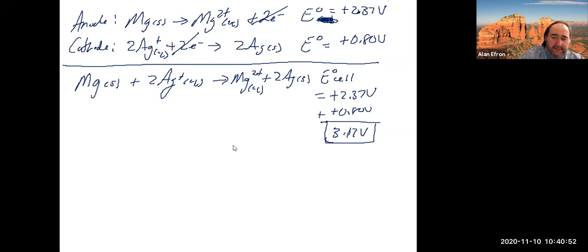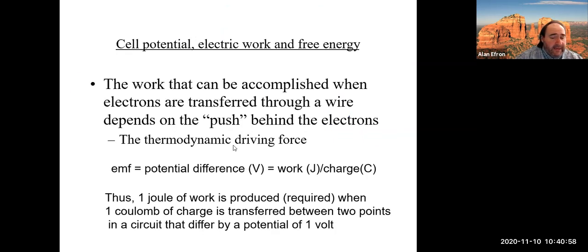Okay, so then let's talk a little bit about the cell potential and some of our thermodynamic type properties like work and free energy, which is our delta G that we saw in the previous chapter. Work can be accomplished when electrons are sent out over a wire to do some type of work, very similar to how batteries work.